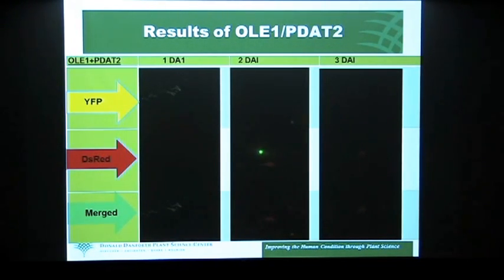On the second day, we confirm here, I know the picture is very dark, but here you can see the nucleus in the YFP and also the nucleus here in the DS red. And when you merge the two together, we can see an interaction after day two, and also after day three, we see a yellow fluorescent interaction has taken place.